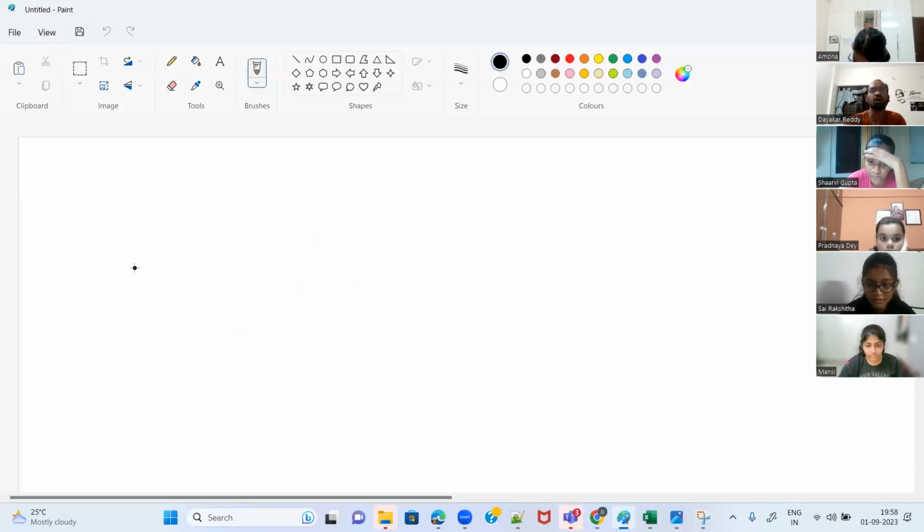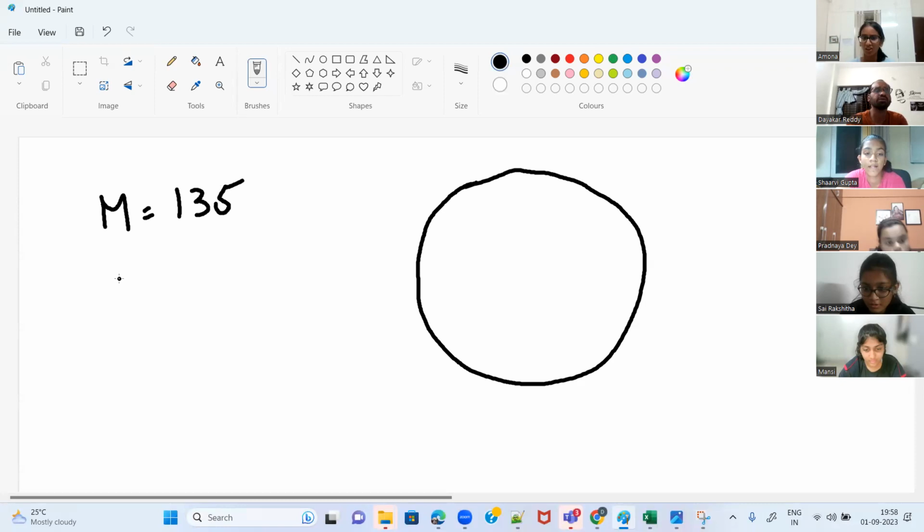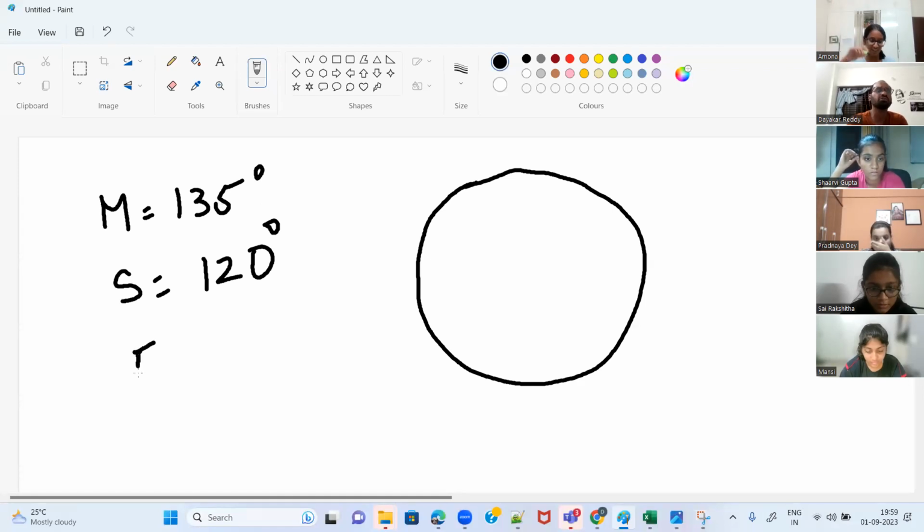I'm sorry, children. What we need to take are angles. Maths equals 135. Science equals 120 degrees. And English equals 105 degrees. I'm sure the total is 360, right? 135 plus 105 is 240. 240 plus 120 is 360.